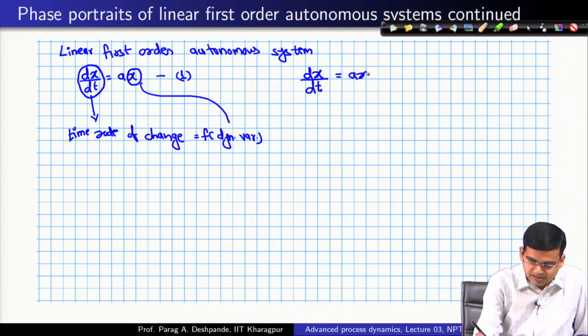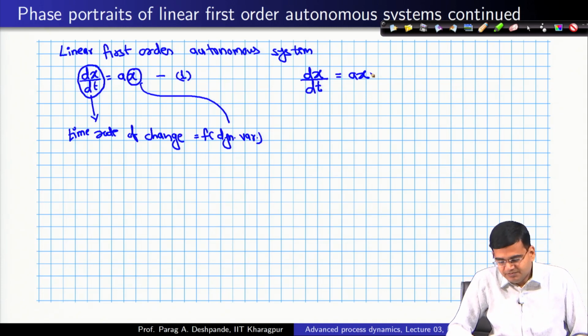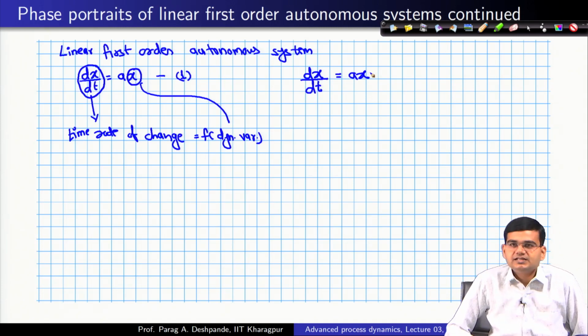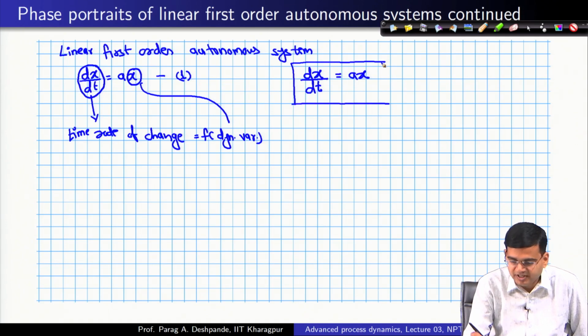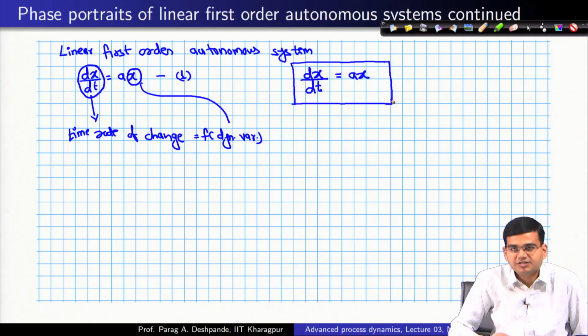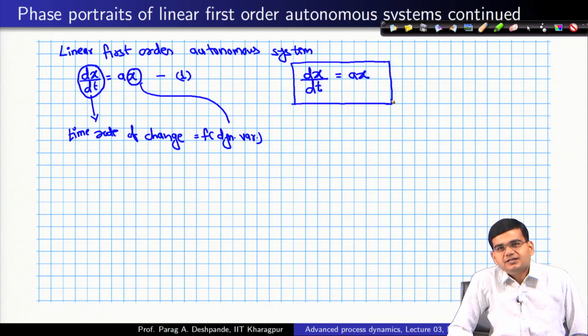in this particular case we are considering simply dx by dt is equal to a x. Now, a simple question which may arise is that how many equations are these? So, if I write this as dx by dt is equal to a x, how many equations are currently under consideration? By looking at it, the answer may be very trivially that there is only one equation, but we have actually not defined what is the value of a.